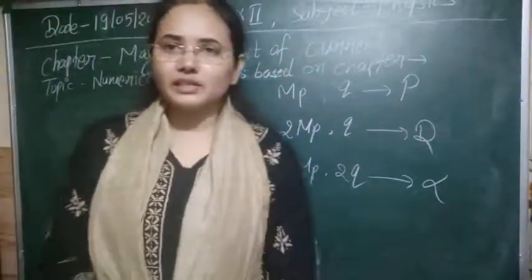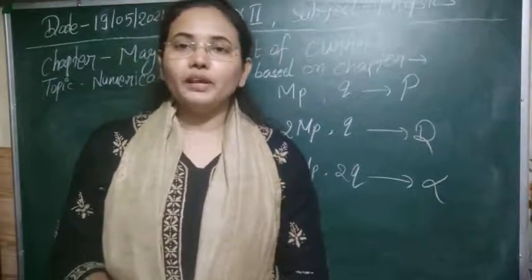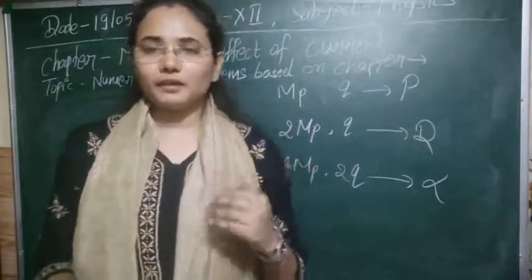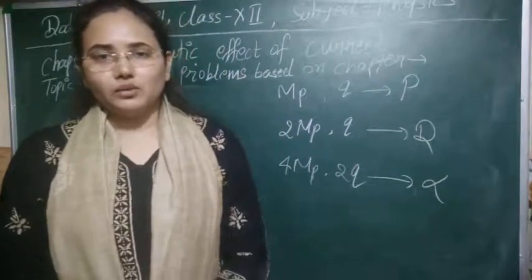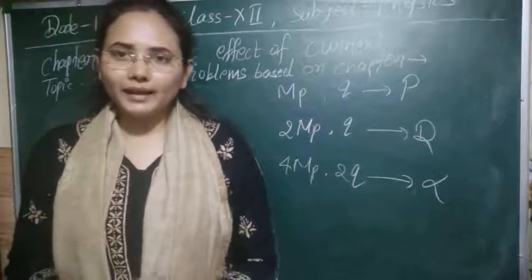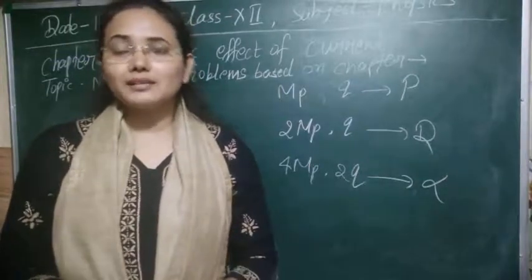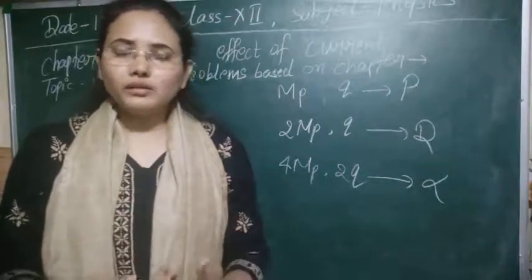Next, in our question, it is given that these particles are moving along a direction perpendicular to the magnetic field. As we know, whenever any charged particle enters in a direction perpendicular to the magnetic field, it will move on a circular path.